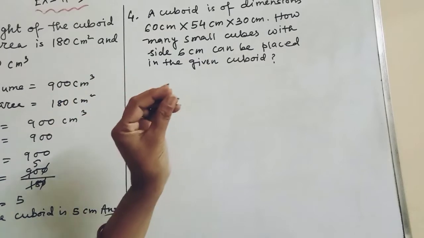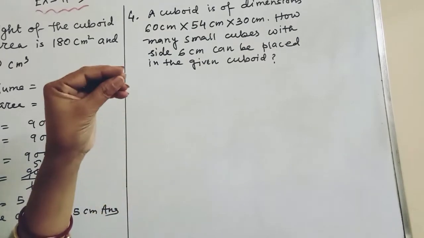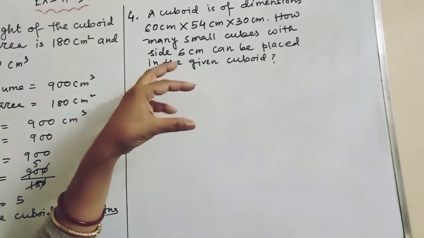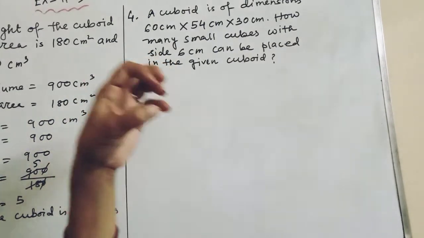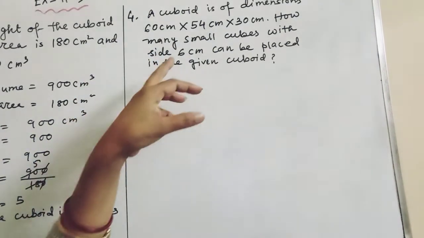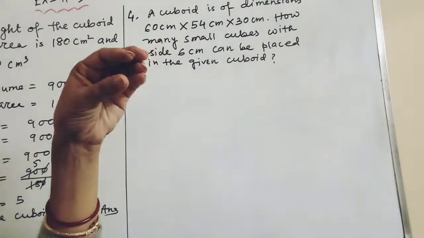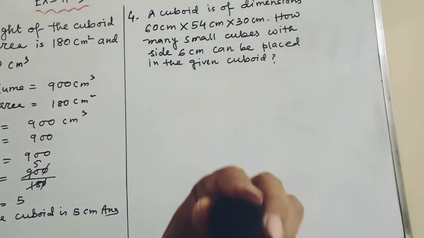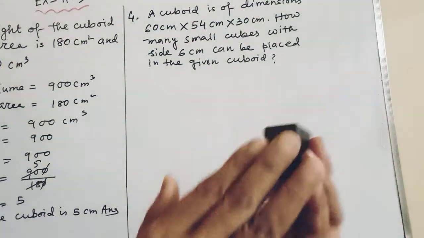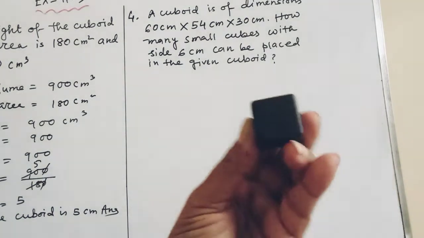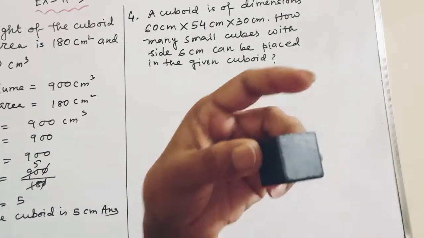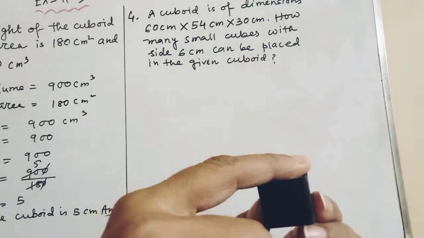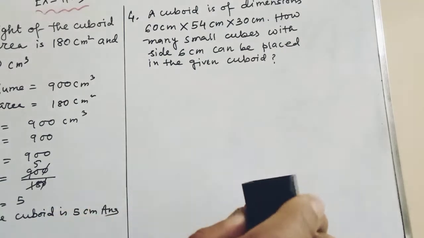Now in this cuboid, you have to keep small cubes. That means you have to use the volume capacity of the cuboid, where the side of each cube is 6 centimeters. Consider this as a cuboid, though it is a cube shape, and you have to place some cubes inside it.